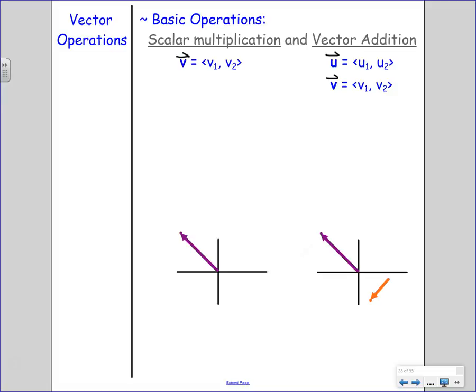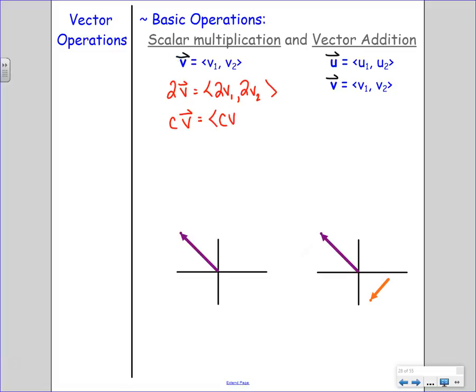Scalar multiplication. Let's say in some way, shape, or form there's a force, but all of a sudden the force gets doubled or tripled. How do we do that mathematically? Well, if we want to multiply any constant C times V, if we double it, we would just multiply the x's by 2.